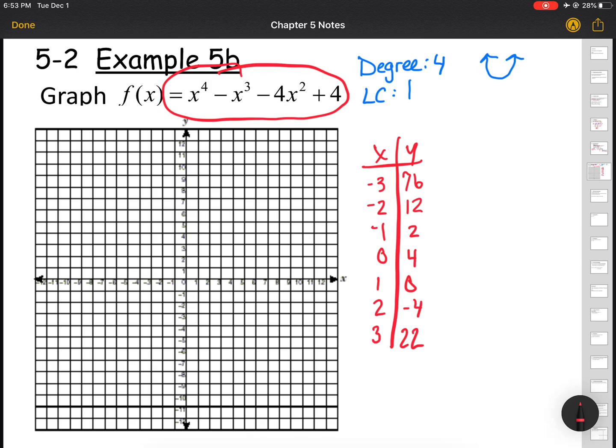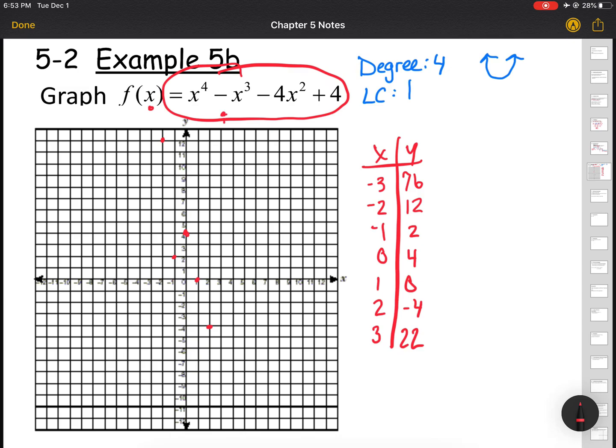So -3, 76 is obviously clear off the graph. -2, 12 may still be a little off your graph, but make sure it's lower than the 76 one. -1, 2. 0, 4. 1, 0. 2, -4, and 3, 22, which will be off the graph.